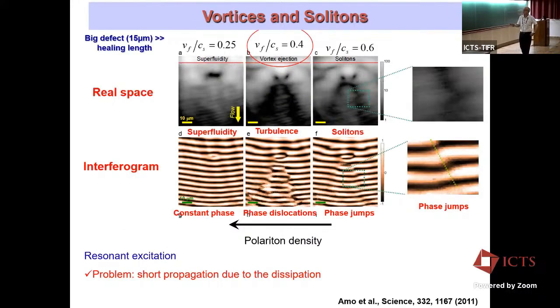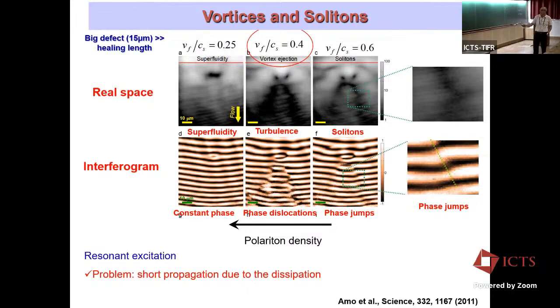This is an experiment that we have done, the first experiment in which we have demonstrated the quantized vortices and solitons. So the idea is the following. We have a large defect here, a large obstacle of the order of 15 micron, which is much larger than the healing length. And we can tune the polariton density. Tuning the polariton density is equivalent to tuning the speed of sound in the fluid, which is proportional to the square root of the polariton density.